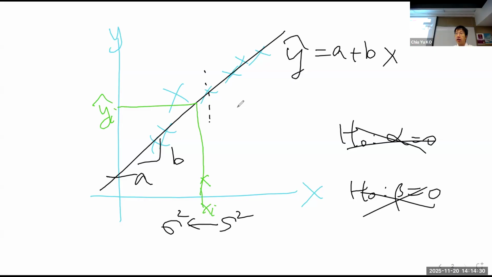Can we get an interval estimate, for example a 95% confidence interval? I'm interested not only in the point estimate, I want to know on average what they are.